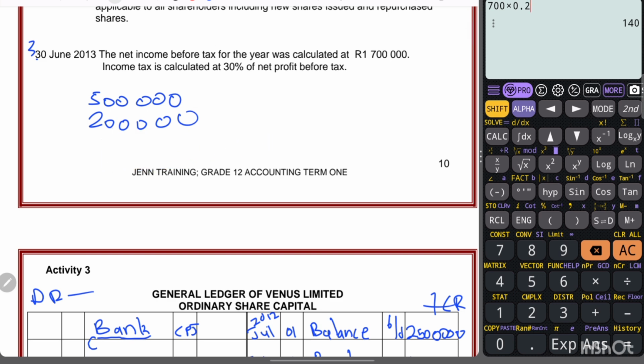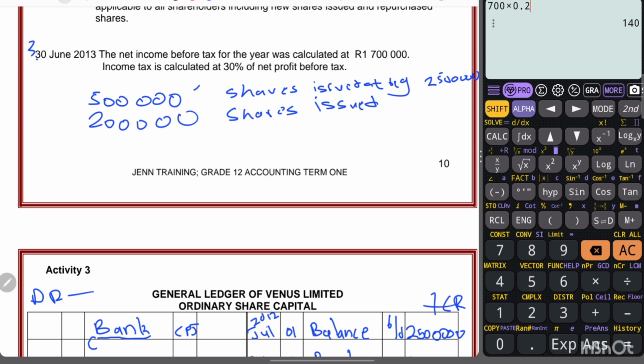I'm going to prepare the note for ordinary share capital. At the beginning we have these shares issued, and we were given the amount as 2,500,000, and then during the year we had 200,000 shares issued.